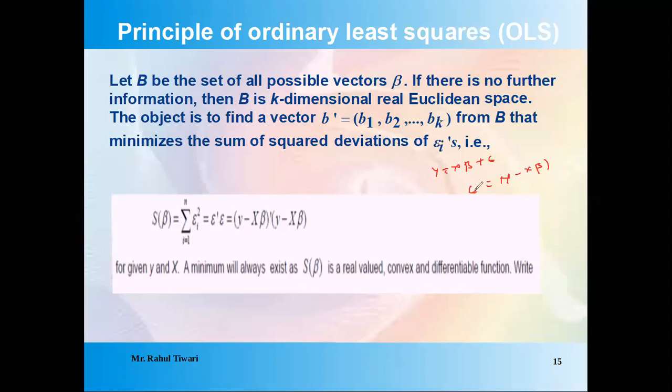Once we have epsilon, we want epsilon dash. So epsilon dash will be y minus x beta, whole dash. So I'm trying to find the error term in terms of y, and a minimum will exist as S of beta is a real valued, convex and differentiable function.